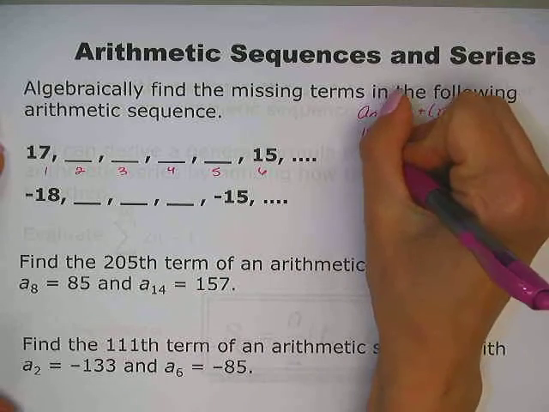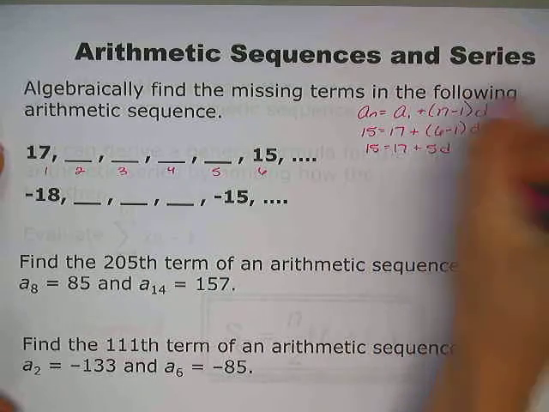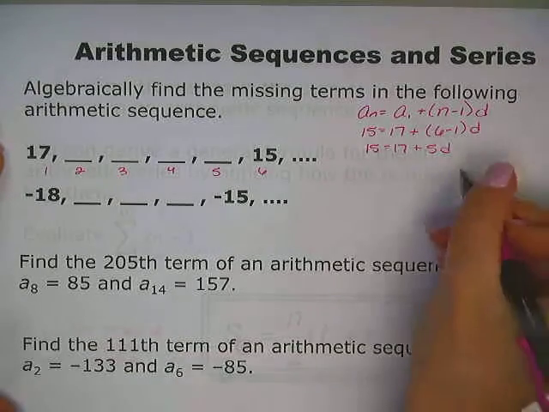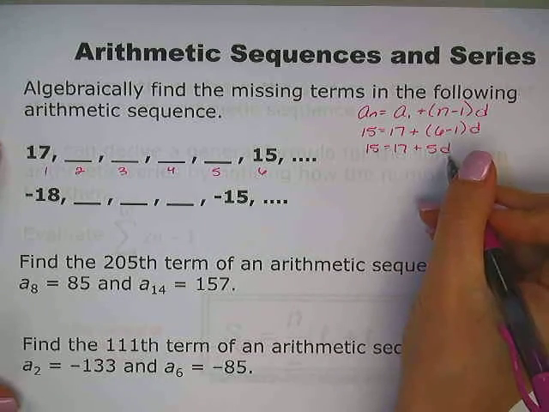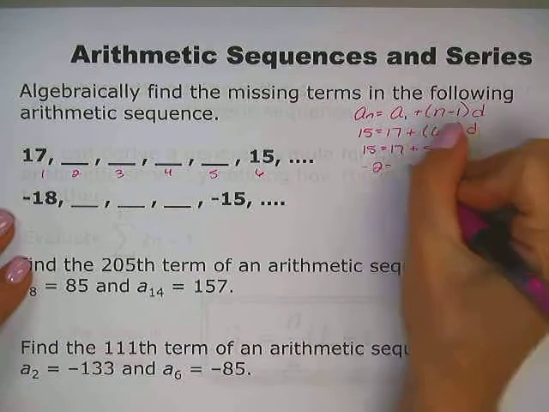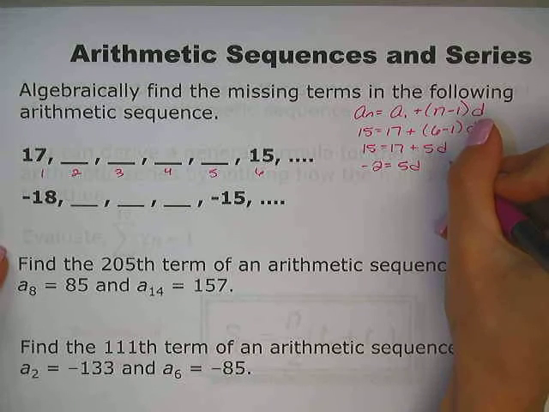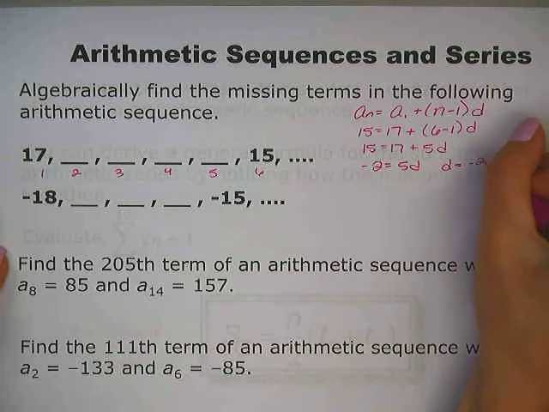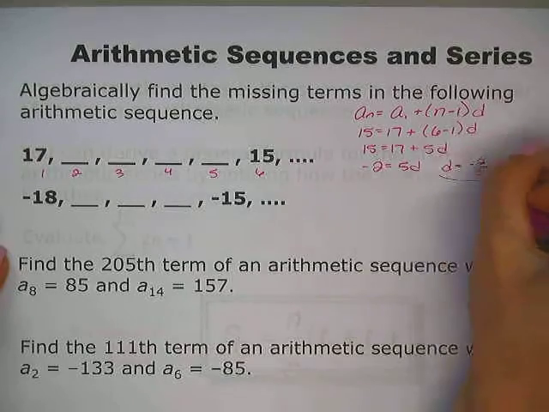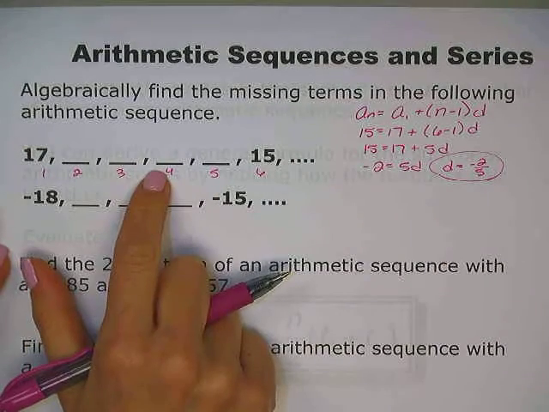So I've got 15 equals 17 plus those 5 common differences, and I'm going to solve for D. So when I solve this out, I get -2 equals 5D, and when I divide by 5, I get D equals -2/5. My common difference came out to be -2/5 for this first sequence.